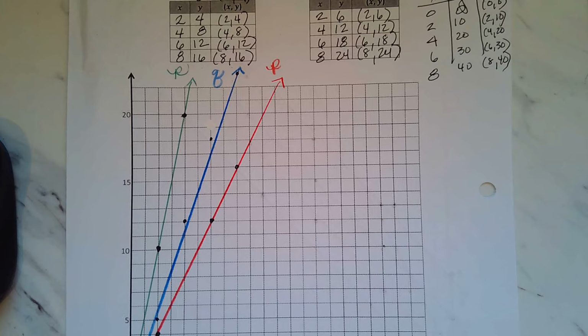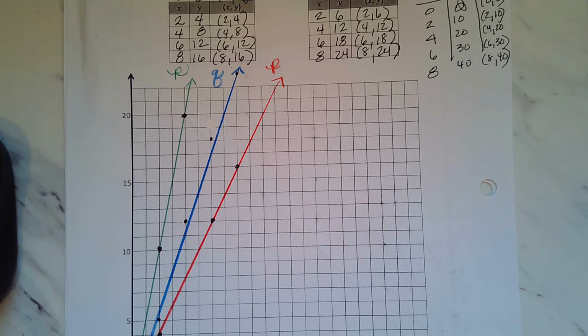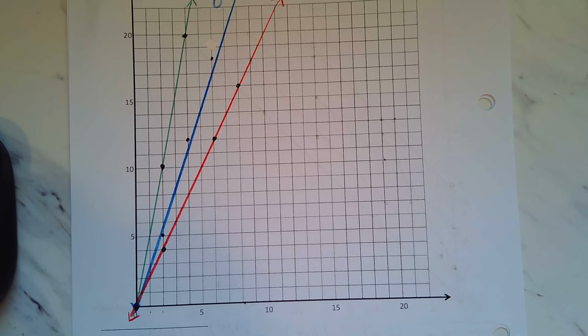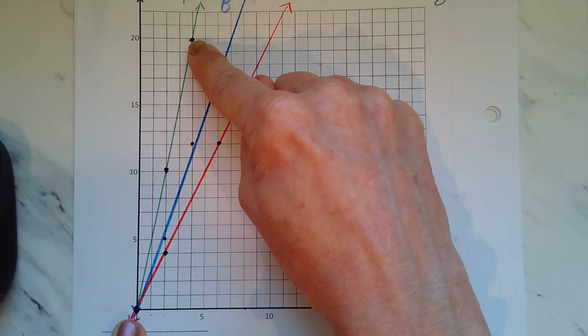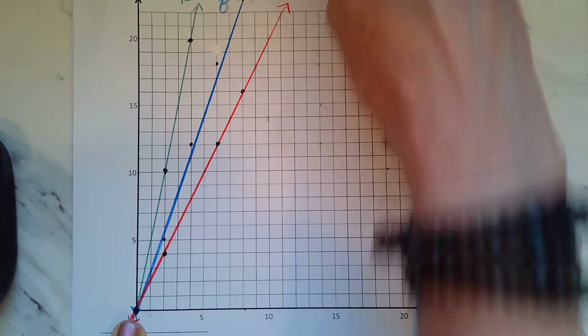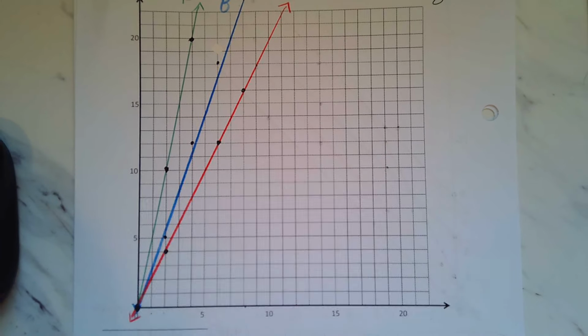So, question, do these lines intersect? Yes, they do. They intersect at the origin. What is the point of the origin? 0, 0. Now, if you noticed, R is even steeper than lines P and Q. Notice that you only got to plot 3 points before it already shot off the chart.